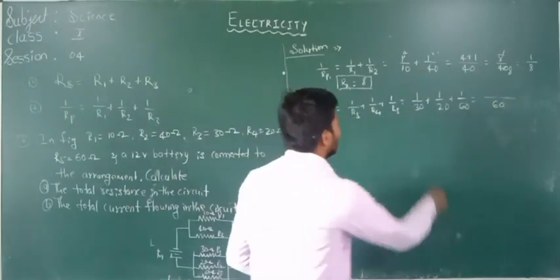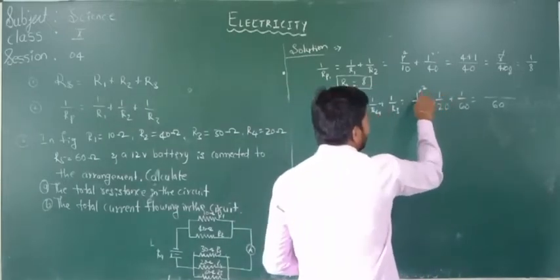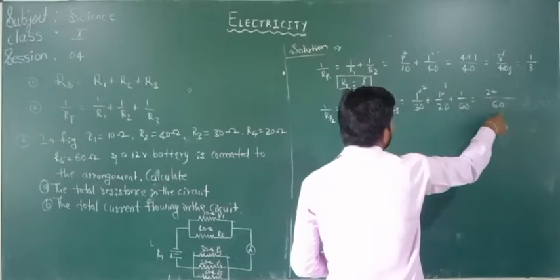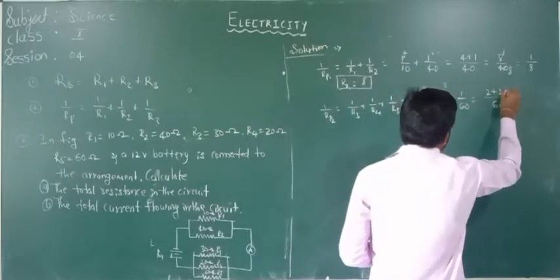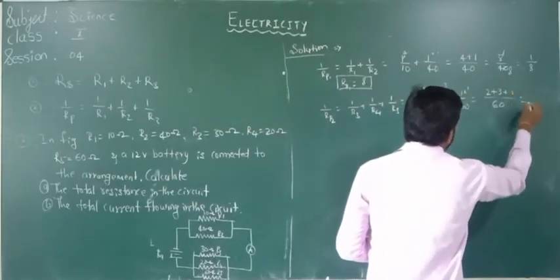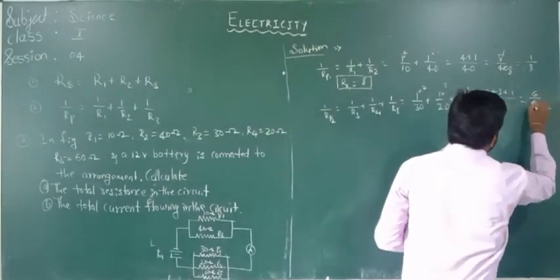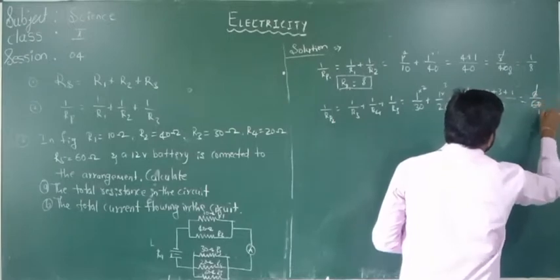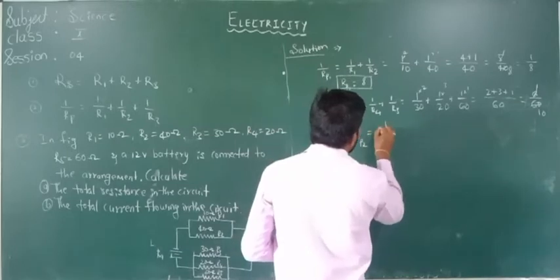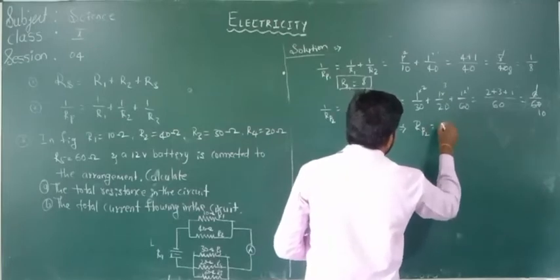We multiply 30 by 2 to get 60, so 1 into 2; 20 by 3 is 60, so 1 into 3 is 3; and for 60, we multiply by 1, that is 1. We get 2 plus 3 is 5, 5 plus 1 is 6, 6 divided by 60, that is 1 divided by Rp2 is equal to 1 divided by 10.